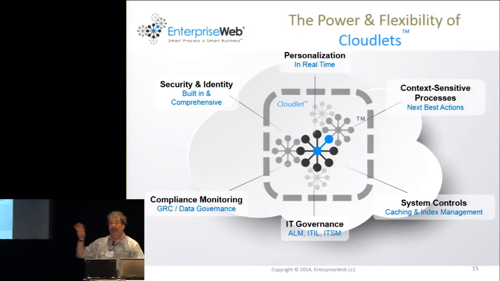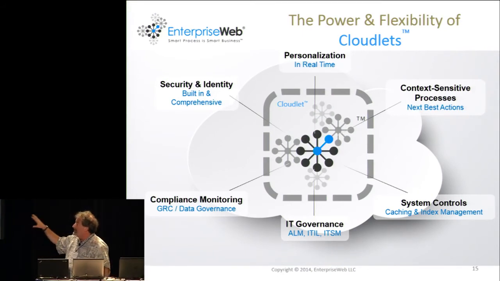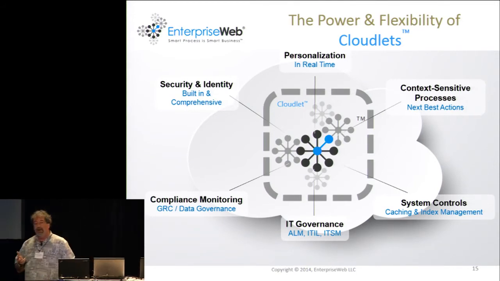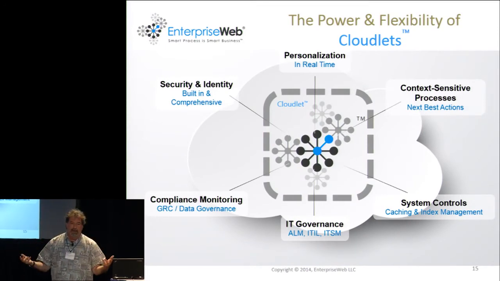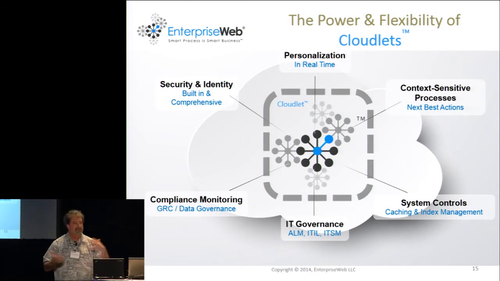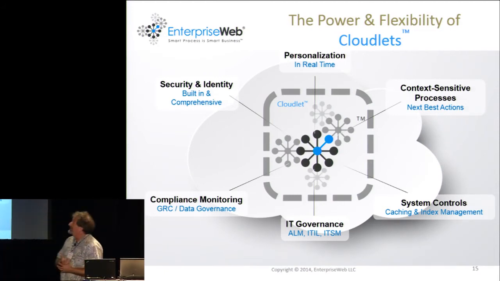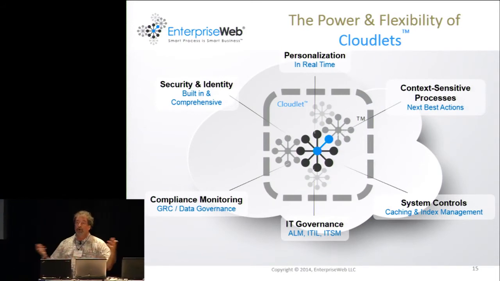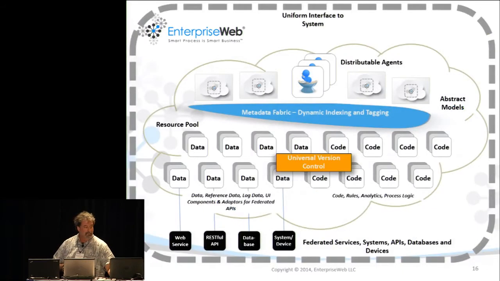Compliance monitoring is a key part of the story, and you'll see some of that in the demo, as well as IT governance, system controls, and context-sensitive processes that can be sensitive to differences in information, differences in individuals, differences in regions. Whatever the business context is, the agent is sensitive to those. And we can deliver personalized, real-time personalization and customization as a key part of the capabilities of the platform.